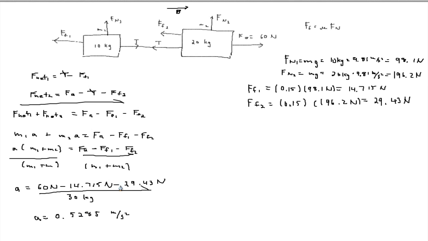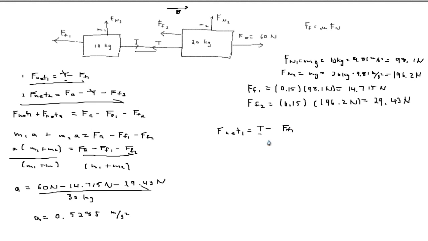And on this question, we're trying to solve for the tension on the string. Okay. So since we have our acceleration, we can use one of these equations, either this equation or this equation, to determine our tension. And we'll use this one because it's an easier formula. So it says F net 1 is equal to tension minus force due to friction on mass 1.